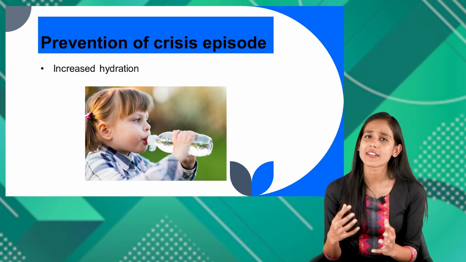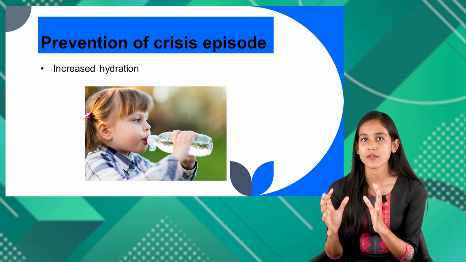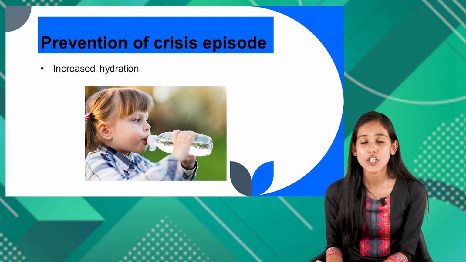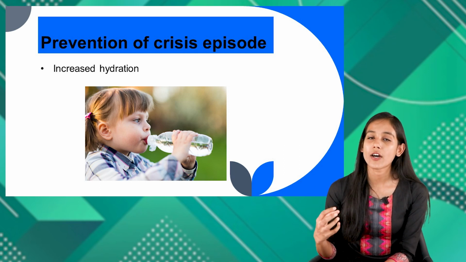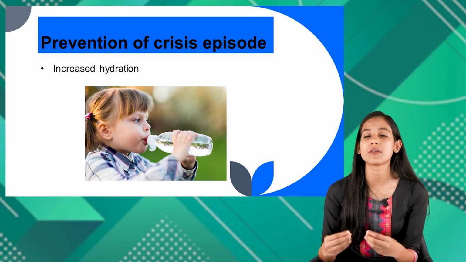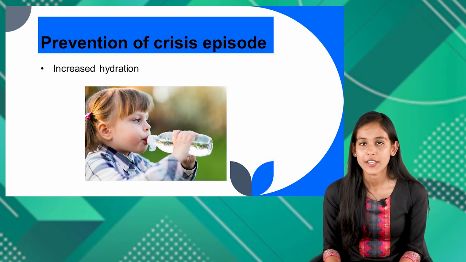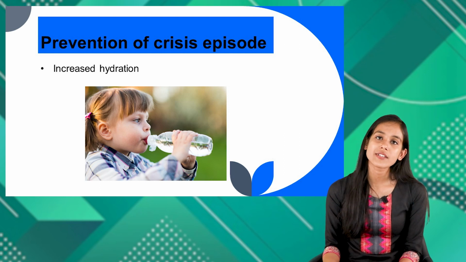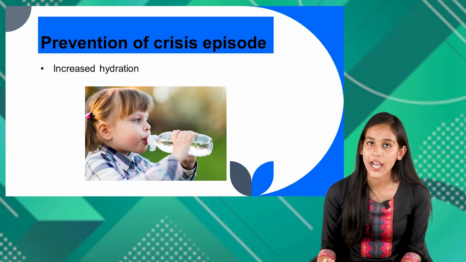And because of this, crisis episodes happen, right? So we want to prevent the crisis episode. So for that, if we can hydrate the child properly, we would be able to dilute the blood. So that would reduce the stickiness of the blood, right? So that is the reason the first thing we would focus on would be increasing hydration.